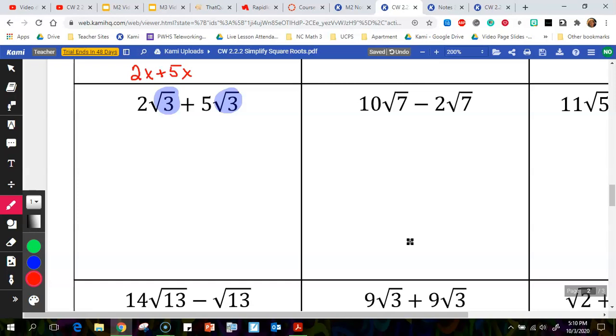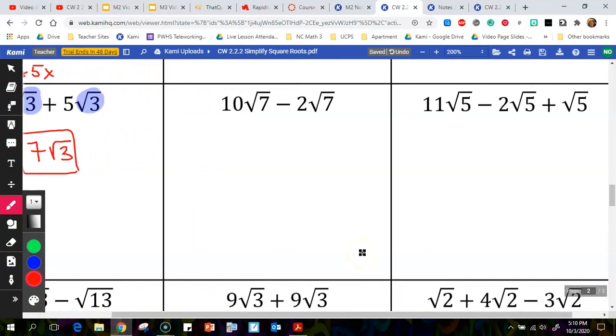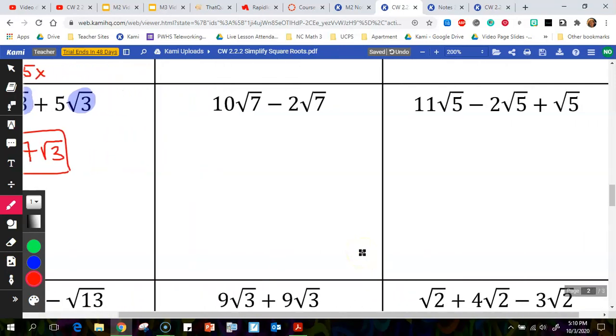You can add together what we call the coefficients and keep the same root, okay? So 2 root 3 plus 5 root 3 is the same as 7 root 3. So you can just add those two together. They're not really coefficients, but they're just the whole numbers. Okay, so likewise, 10 root 7 minus 2 root 7 is 8 root 7.